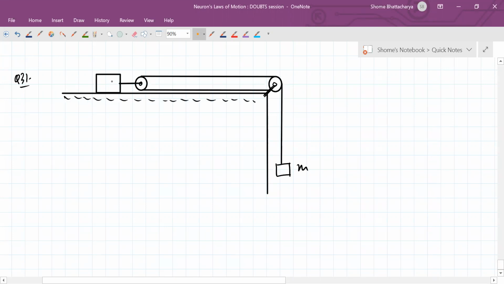This is a block of mass 2m, and this is a massless pulley. Okay.